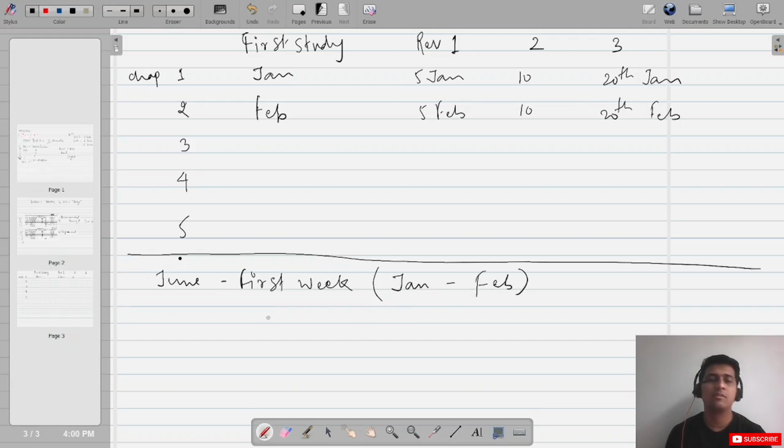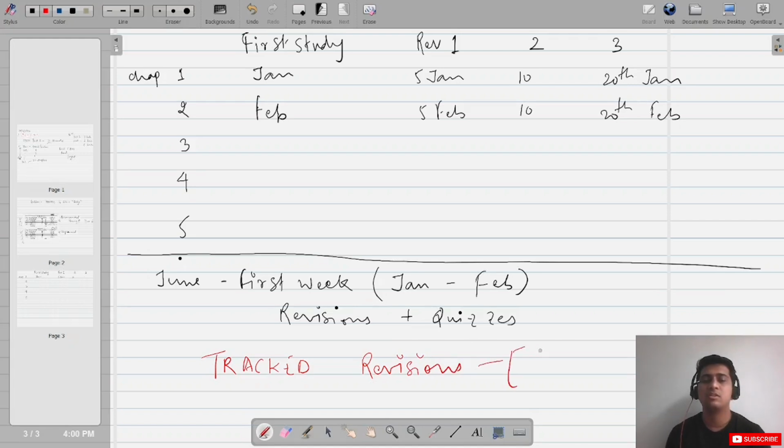It's just for revisions, and you do revision plus quizzes. So all I want to say is that you need to have a tracked revision, which is very important, not random revision. This will save you from a lot of effort.